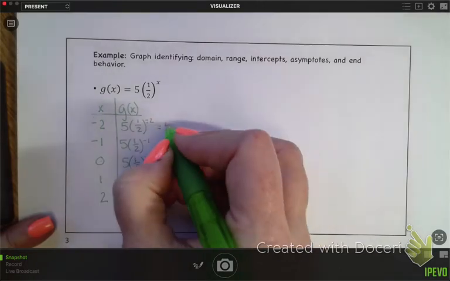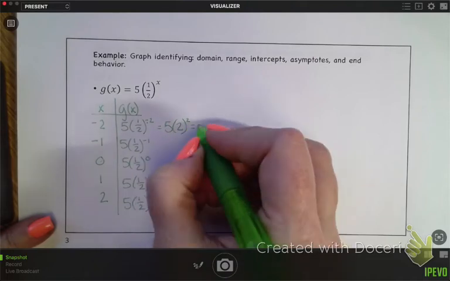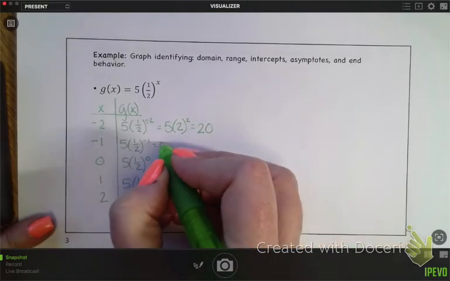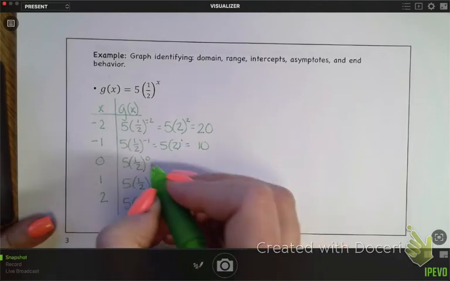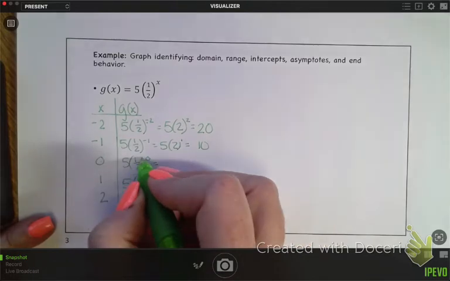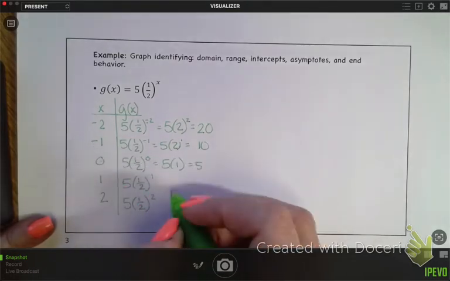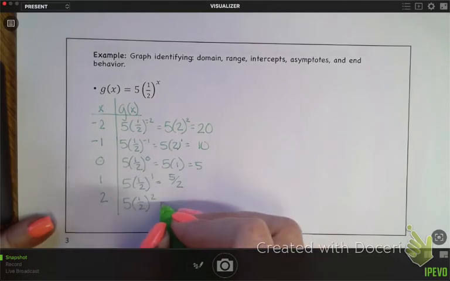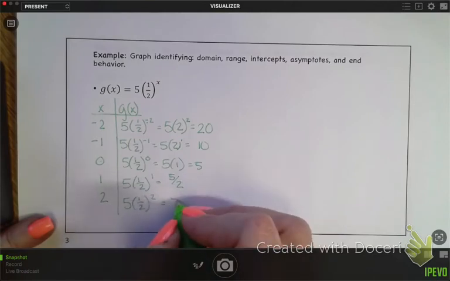So I have 5 times 2 squared. 2 squared is 4, times 5 is 20. And then I'm going to have 5 times 2 to the first. So I have 10. And anything to the 0 is 1, so I have 5 times 1, which is 5. And then 5 times 1/2 is 5/2. And 5 times 1/4, because it's squared, it would be 5/4.